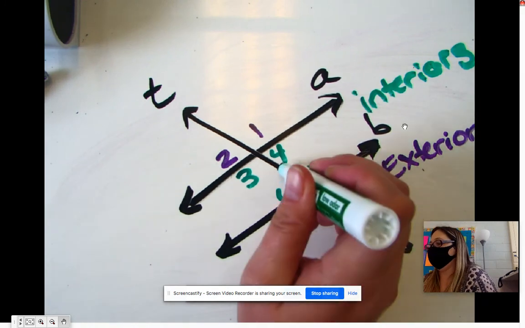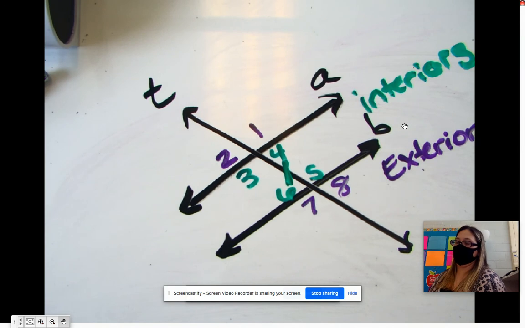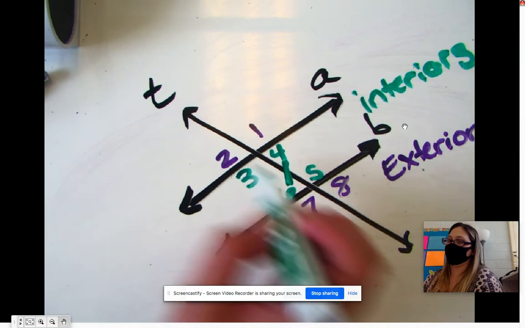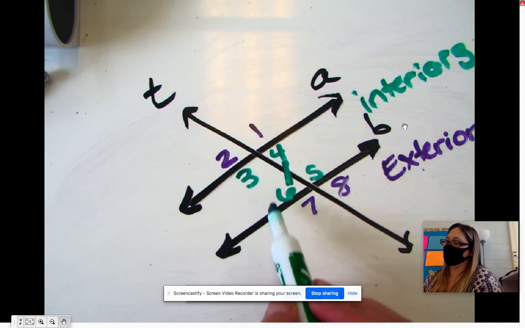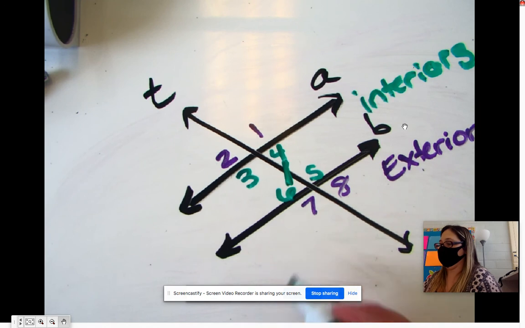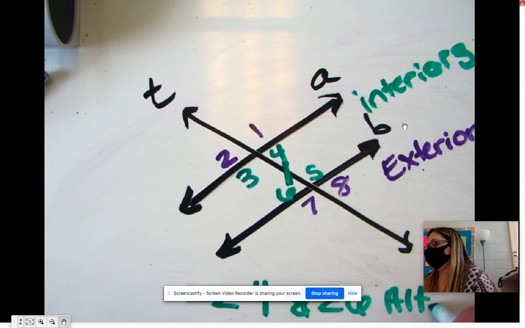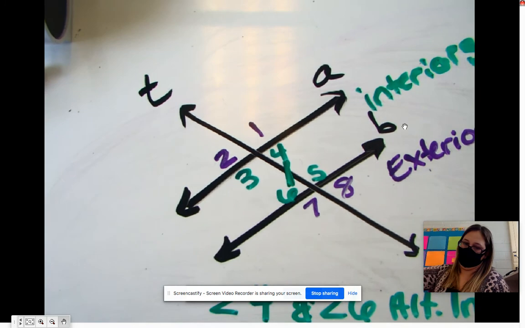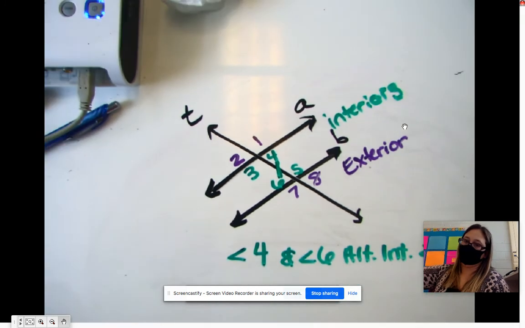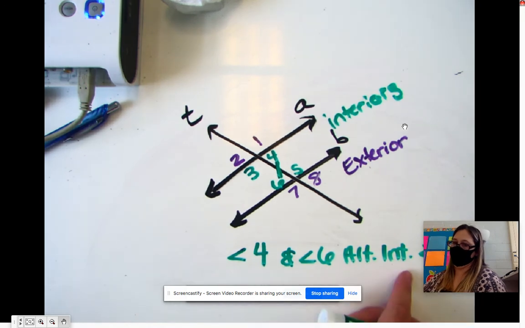So for example, 4 and 6. 4 and 6 are on opposite sides of the transversal. This 4 is on this side, this one's on this side of the transversal. They're across from each other. Angle 4 and angle 6 are alternate interior angles.